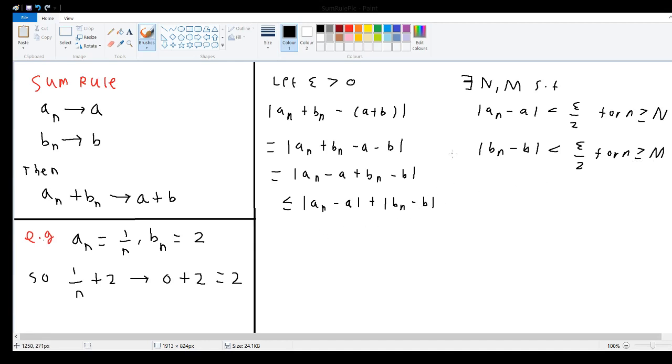Well, why don't we consider the maximum of N and M?